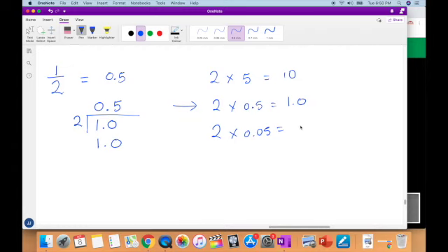You just multiply the 2 by the 5 and you'll get 10, right? And then you look at how many decimal places are in the question. We can see here that we have 2 decimal places. So I need 2 decimal places. So it's 0.10.